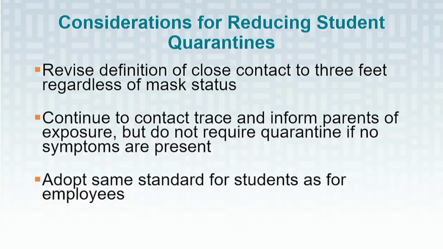I think the way your letter is written, it would cover any of those options. And I think, to the point that was made earlier, if they were to decide we did not even need to contact trace anymore, we could still make a local decision to do so, because I believe a significant number of parents would want that information, though it's obviously a great deal of work to obtain it.